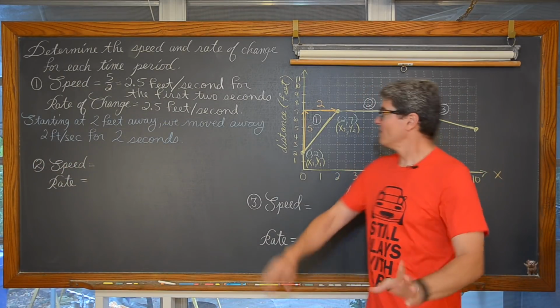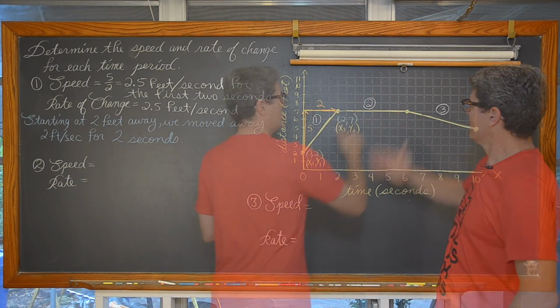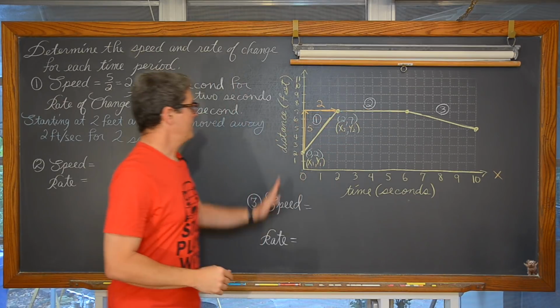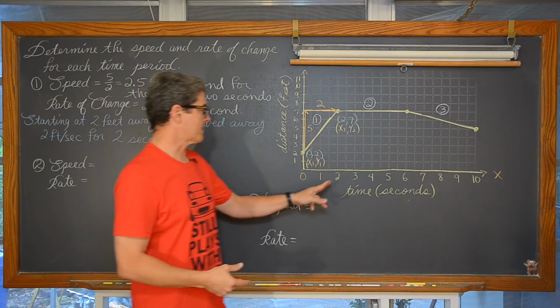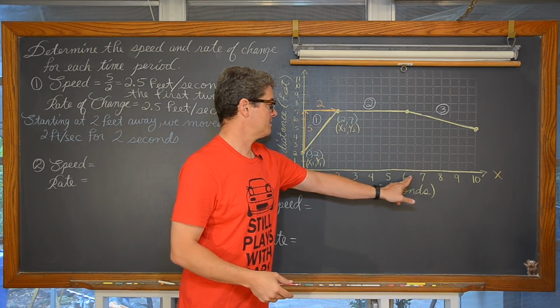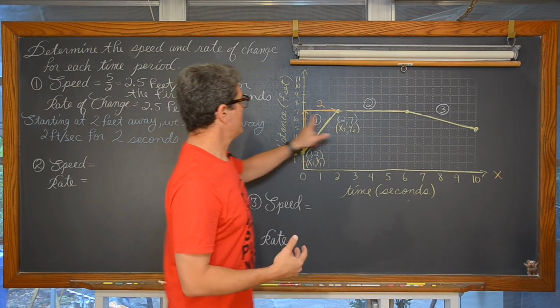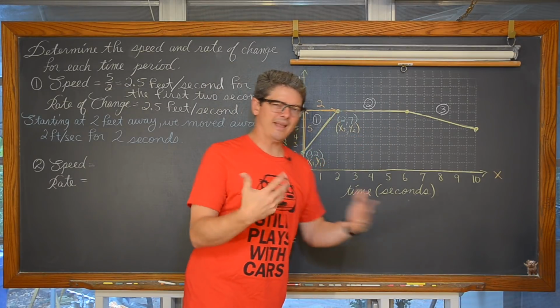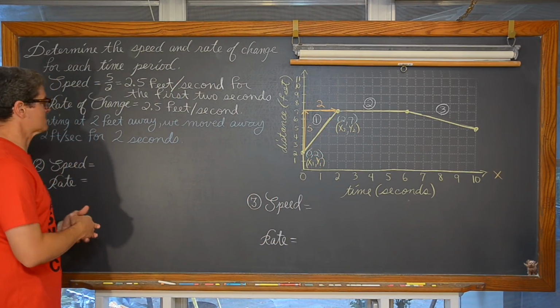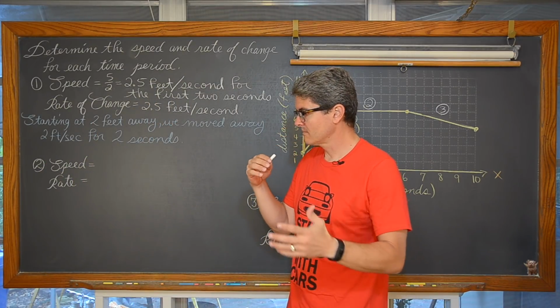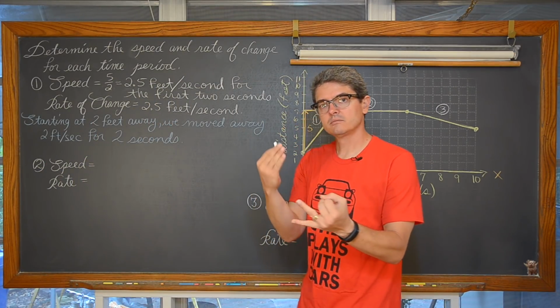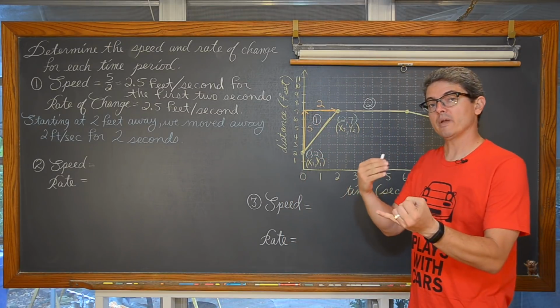Well, all right then. What happens here at time 2? There's no change in the distance that we are from an object between the seconds of 2 and 6. So what is our speed? In this case the rate of change is also the same, because it's going to be the change in y over the change in x for rate of change.